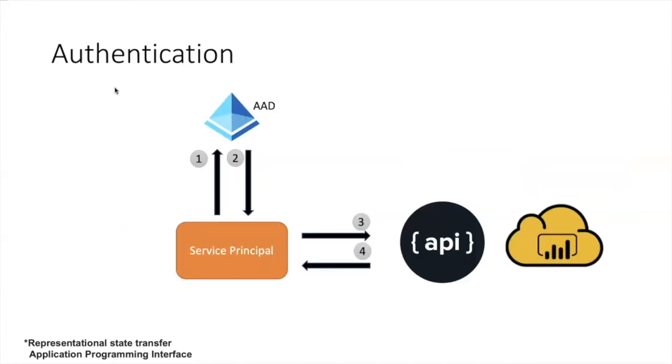The way authentication works in Azure is a four-step process. First, obviously, you have to have a service principal set up.